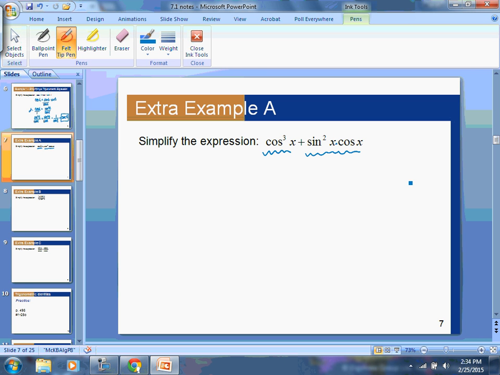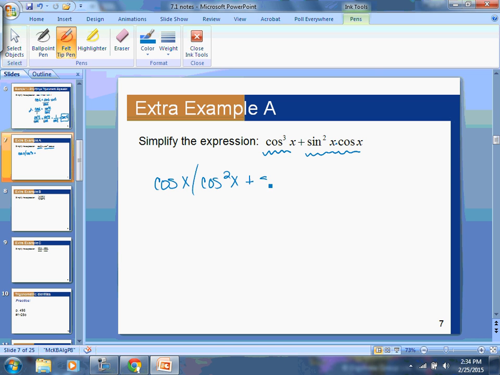Now, if you're looking from one term to the other, hopefully you'll see that they have something in common. And that something that they have in common is a cosine of x. So if they have that in common, I'm going to take it out of both of them like a GCF. So I'm going to take out a cosine of x, which will leave me with cosine squared x. Okay, that's more familiar now than cosine cubed x.